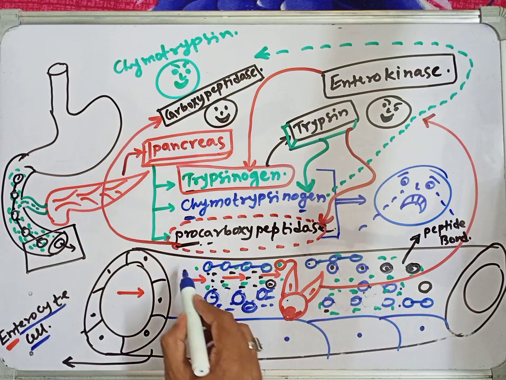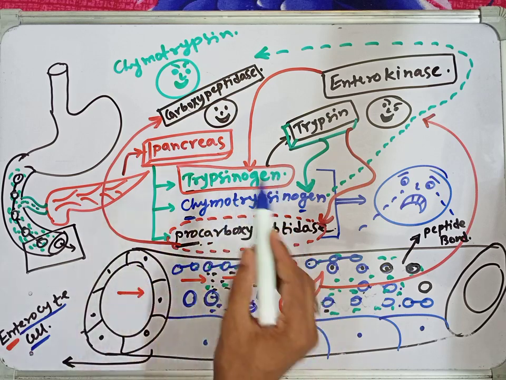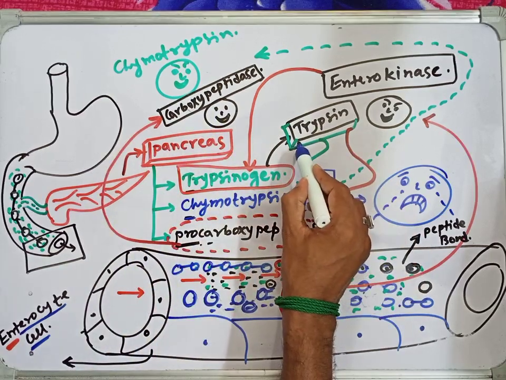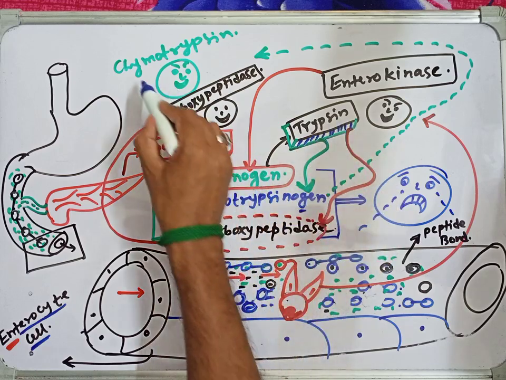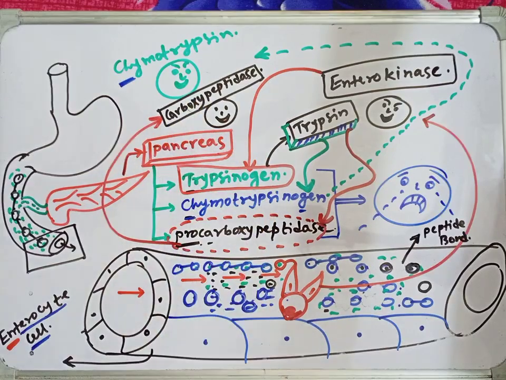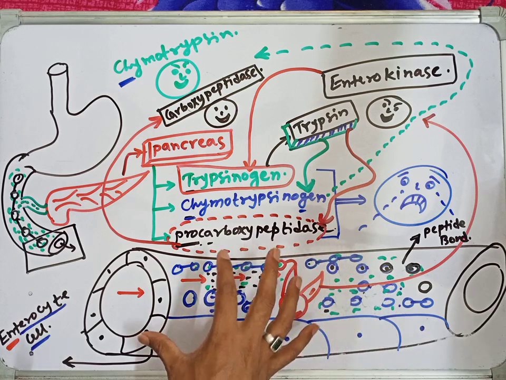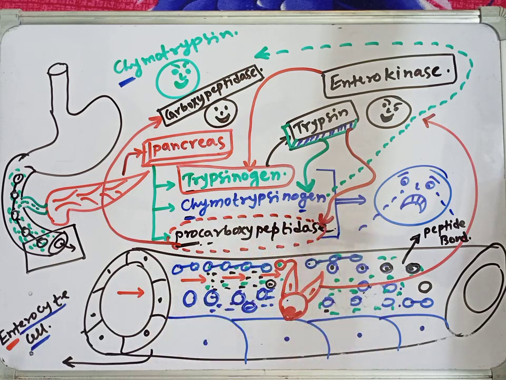Tripeptide, dipeptide, and lots of amino acids freed by the enzymes trypsin, chymotrypsin and carboxypeptidase. Further action of enzymes we will investigate after this. I hope this idea makes sense for you.